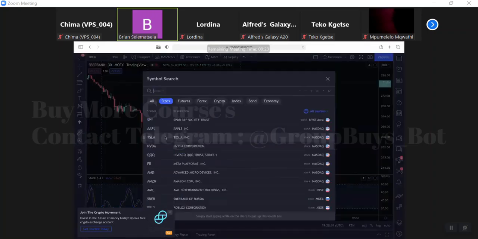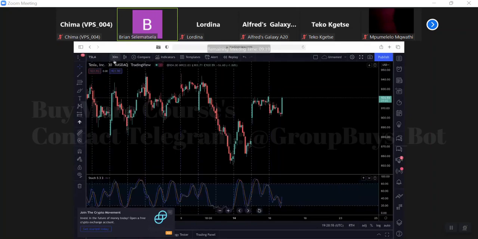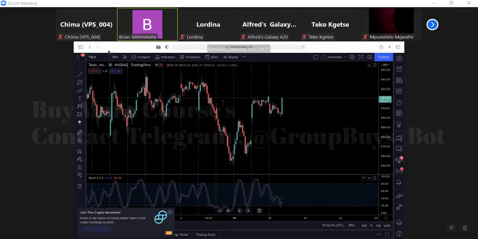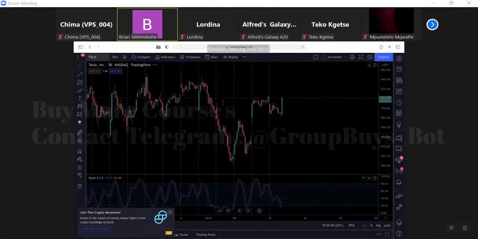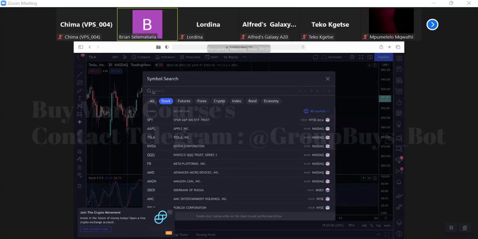But those that are very much clear, stock assets that are very much clear, you can utilize, and it's not like those gaps happen all the time.